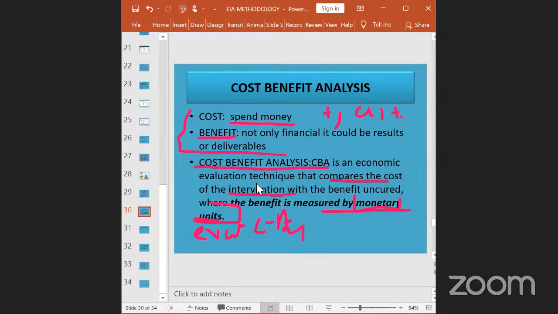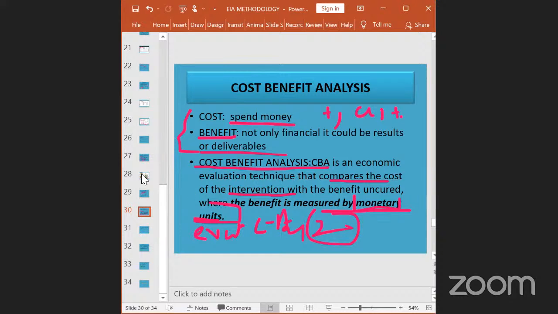So cost benefit analysis purpose. We have two main purposes. The first one is to determine if an investment or decision is sound, verifying whether its benefits outweigh the cost and by how much.